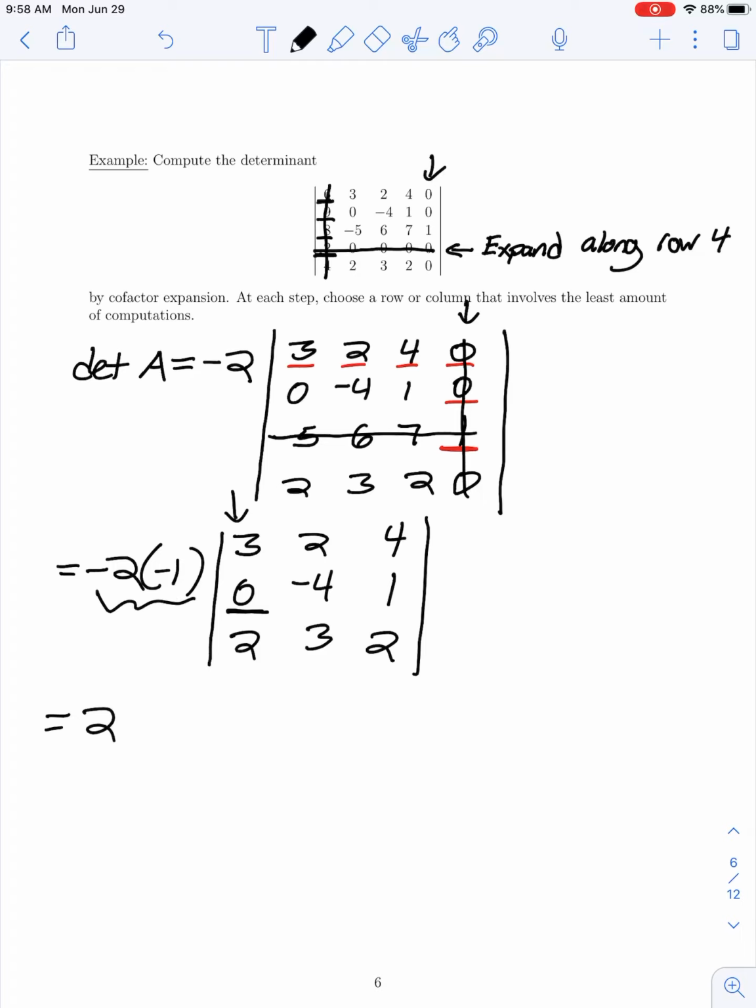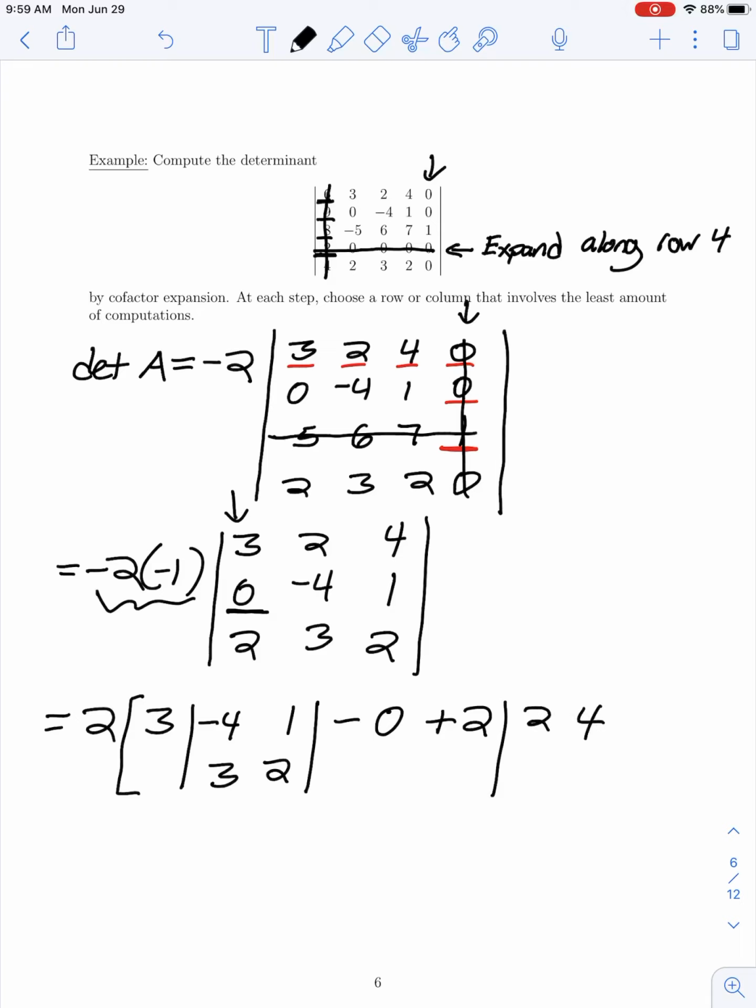And now expanding down the first column of this 3x3 submatrix, we would have a +3 times the determinant of -4, 1, 3, 2, minus that 0 entry, and I don't care what its cofactor is, and then plus 2 times the determinant of 2, 4, -4, 1.